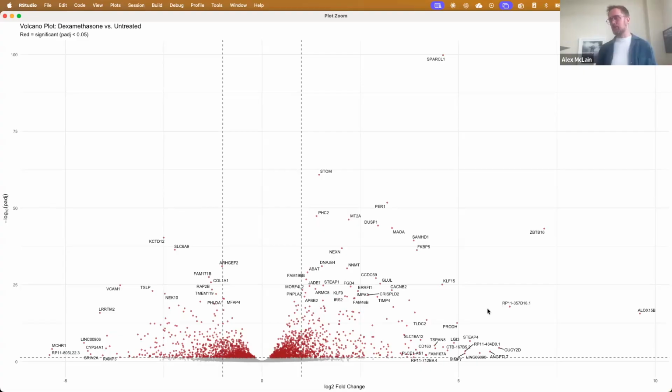For example, this gene down here does not have the most significant p-value. There are a lot of tests that have, for example, this one right here is more significant than that, but the log2 fold change was much larger here. So that one will be more of interest than this one over here. And then we see all the non-significant, all the gray down here. Just one way to look at our results.